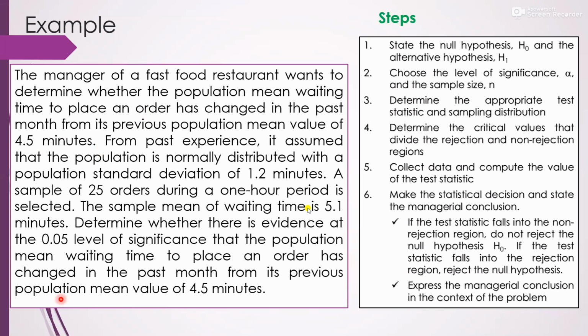To decide whether it has a not equal sign, a greater than sign or a less than sign, we take the last statement: they want to check whether there is evidence at the 5% level of significance that the population mean waiting time to place an order has changed. Whether it has improved or not was not given in this problem, only whether it changed or not. So it is the not equal sign. So H1: mu not equal to 4.5. From the next slide we will write it.